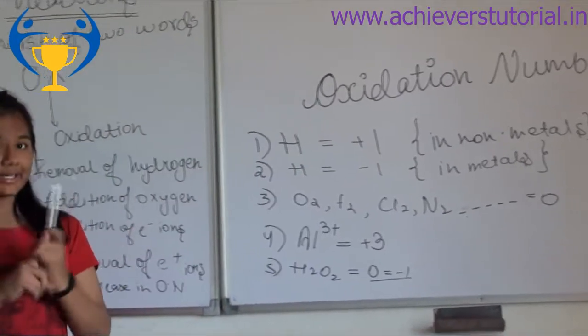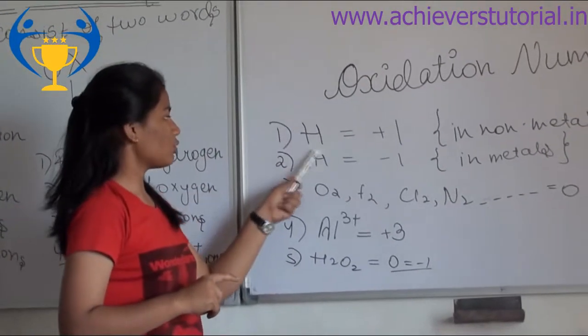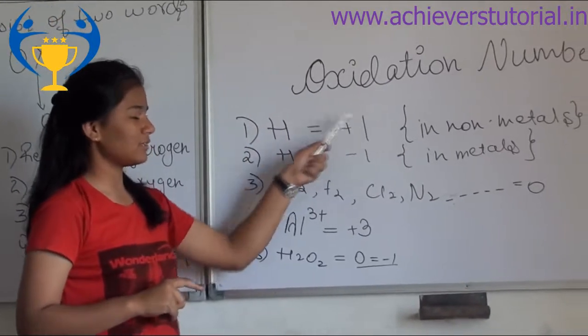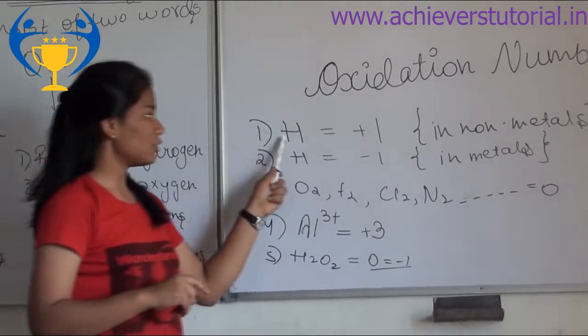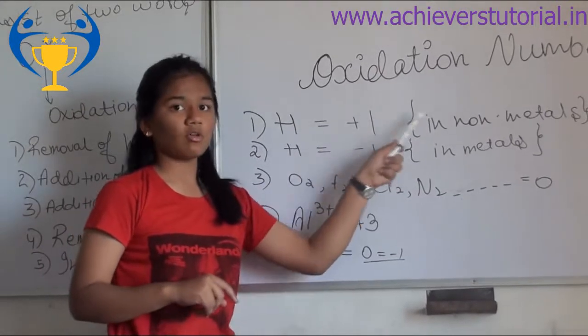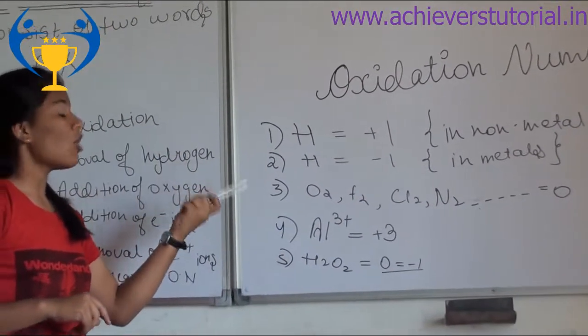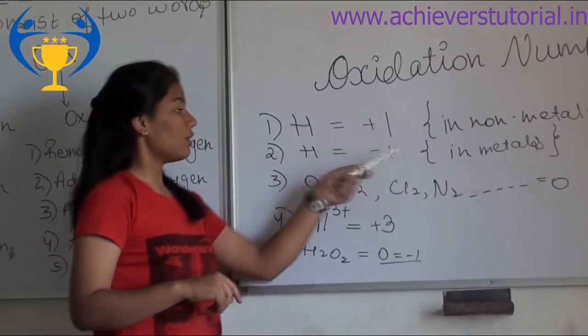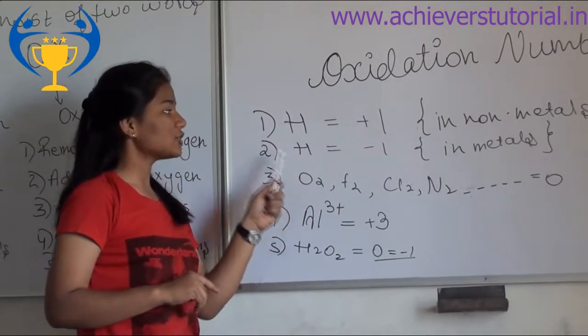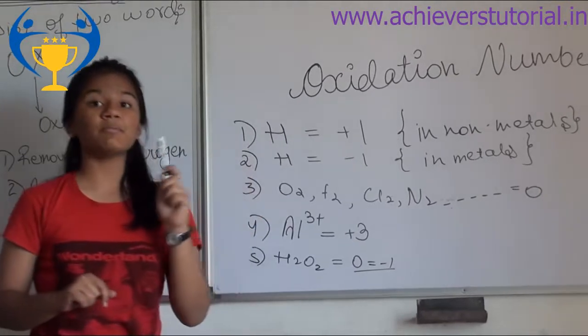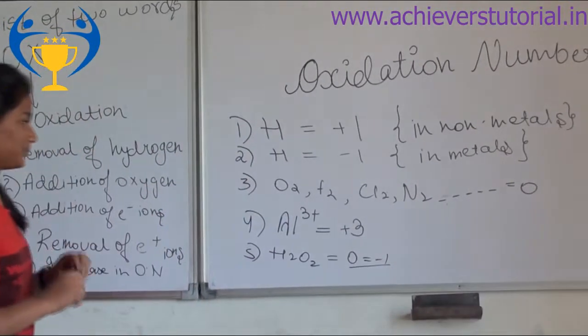The criterion for hydrogen having oxidation number +1 is that this hydrogen should be combined with non-metals. But if hydrogen is combined with metals, then the oxidation number of hydrogen will be -1.